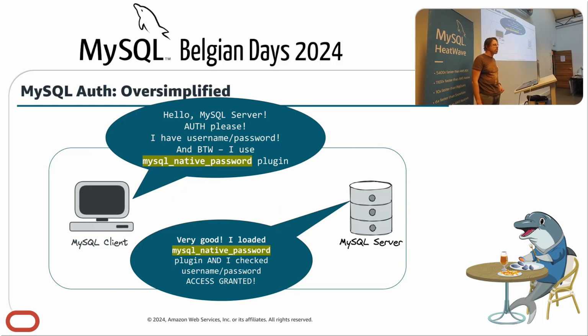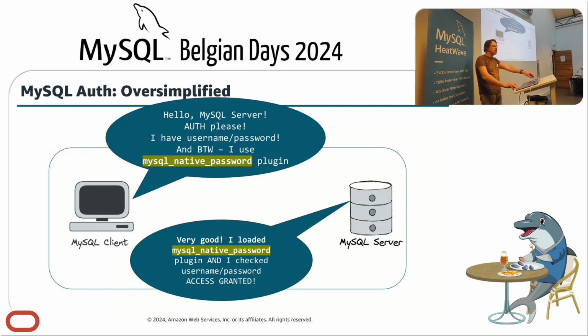I have my username and password, and by the way, I will be using the MySQL native password plugin. And then the server says, very good, I loaded the MySQL native password plugin and checked your username and password using that plugin. Access granted.